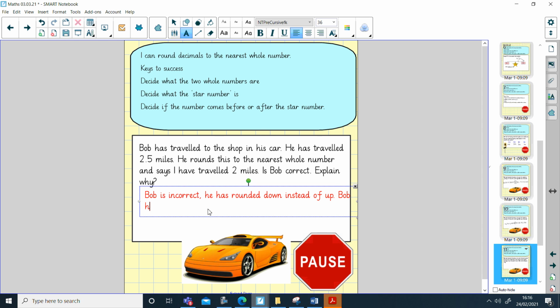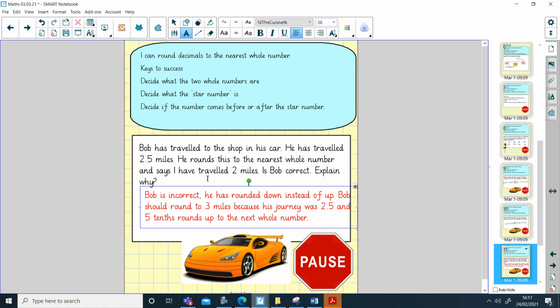Bob should round to 3 miles because his journey was 2.5 and 5/10 rounds up to the next whole number. Well done if you got that correct, and I hope you had a really good go at explaining as well.